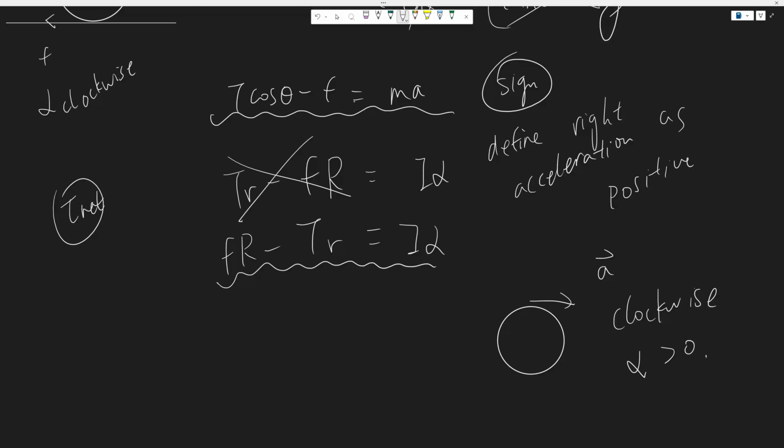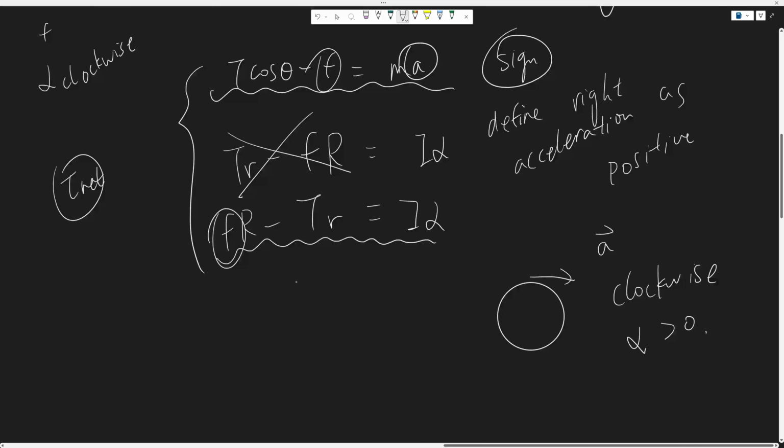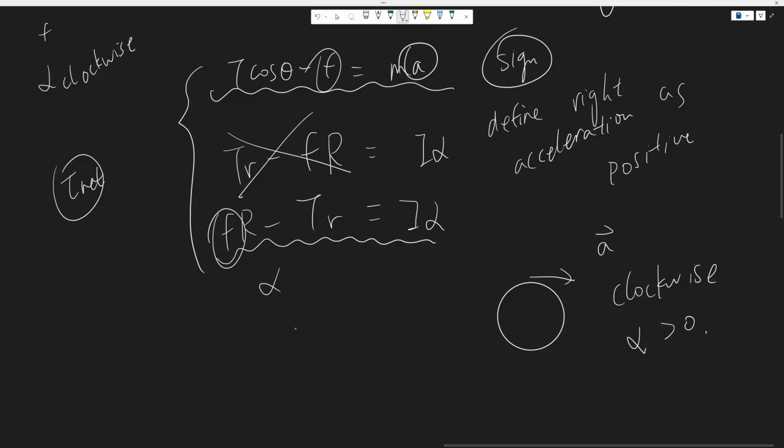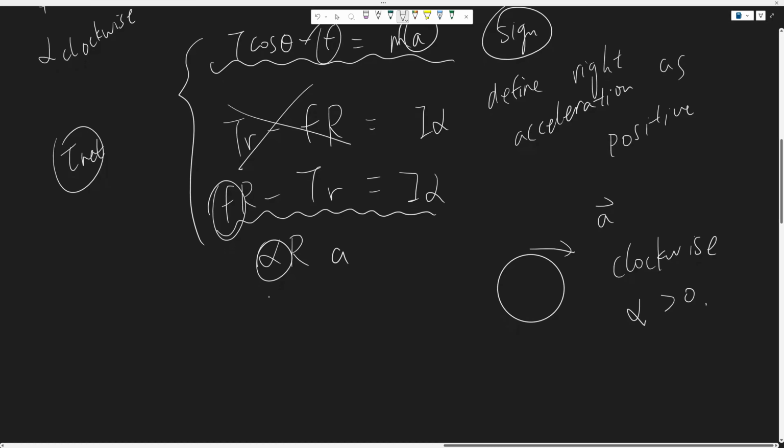And so now let's just sub in and solve the system of formulas, since we just have two unknowns. We can do this. And also for alpha, we can relate it by the formula alpha R equals to a. And so three formulas, three unknowns, the system is fully solvable. So let's try to do that.